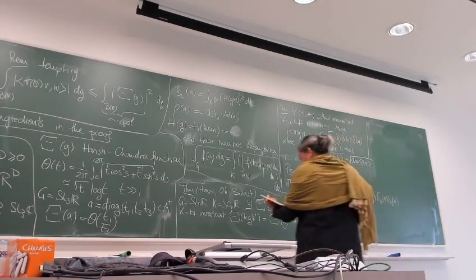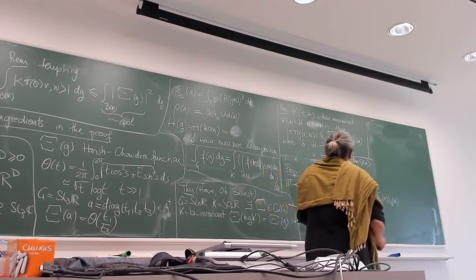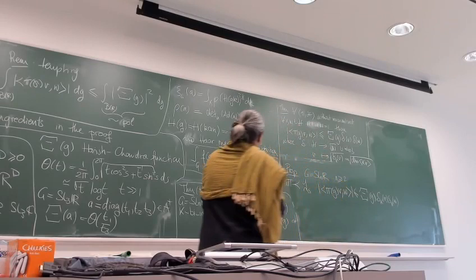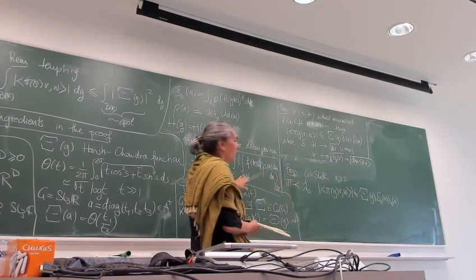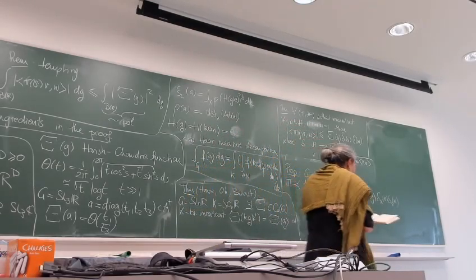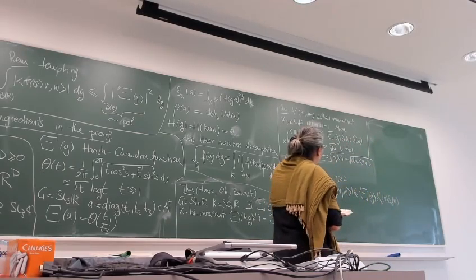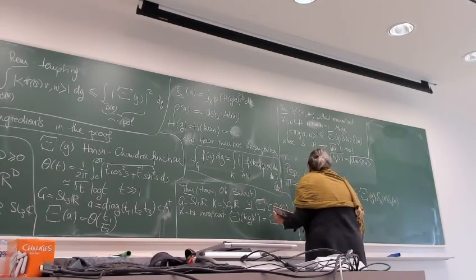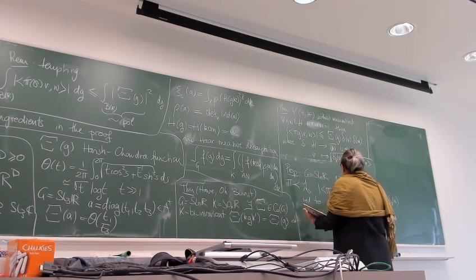Right, so this part is kind of a direct computation using this Haar measure decomposition formula. First you reduce to the case where v and w are positive.